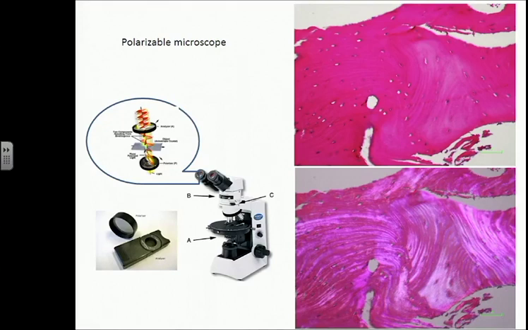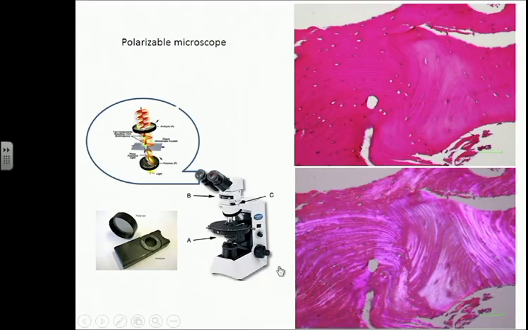If we look at the right side of the image, we have the bone. I can see a little bit of arrangement of the lamellae, but in order to be sure, I'll use polarizable microscopy, and I can see that the collagen is formed of dark lines alternating with light lines, and it has a nice parallel arrangement.